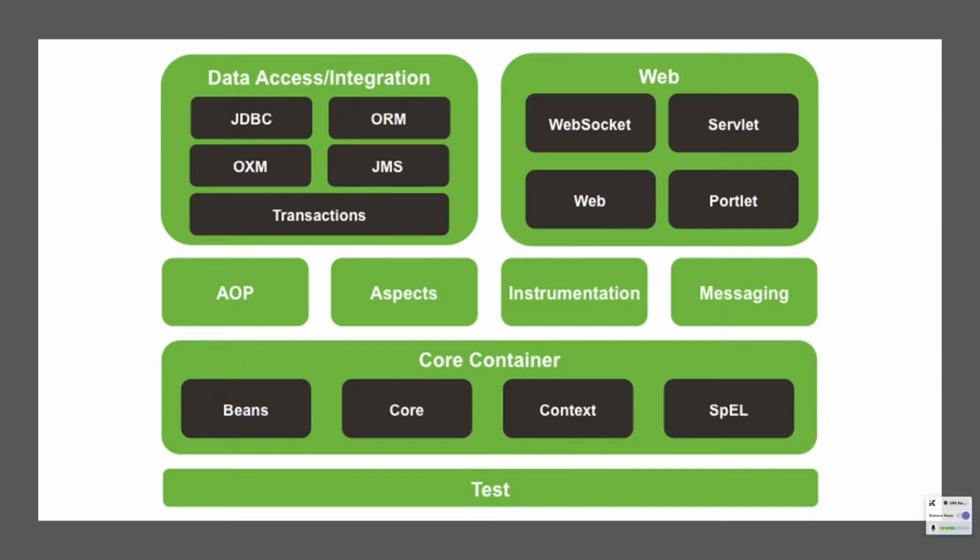That's also an alternative to this thread-based model. Then on the left-hand side, we see the part that's data access and integration. We see things there like JDBC. We see ORM, object-relational mapping, that's usually JPA with Hibernate. We see messaging with Java Messaging Service, and we see everything that goes with transactions.